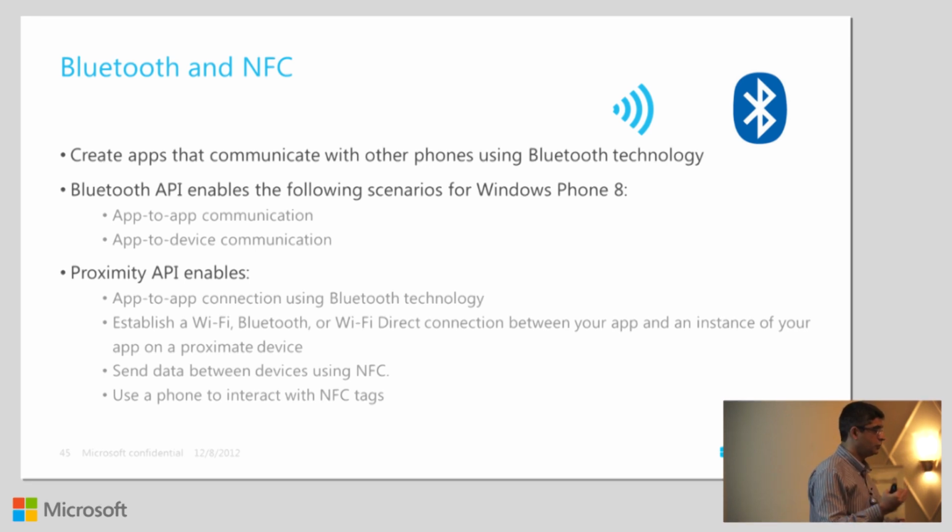So one way would be to upload it to a cloud service, or if there are two friends who are going and only you have it at that point, you can bring both the phones together and it's going to take that information and transfer it to the other friend of yours, and both will have the same route and you can go together. Right? So those are some of the capabilities that you have with the proximity APIs.